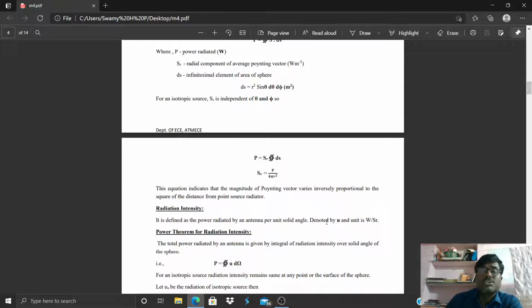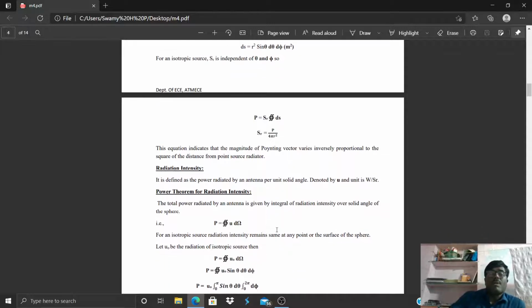This radiation intensity is used to calculate the power using the power theorem applications. In power theorem applications, you are going to find the total power radiated from the radiation intensity. So we'll see how the power theorem is used to calculate the power by knowing the radiation intensity.